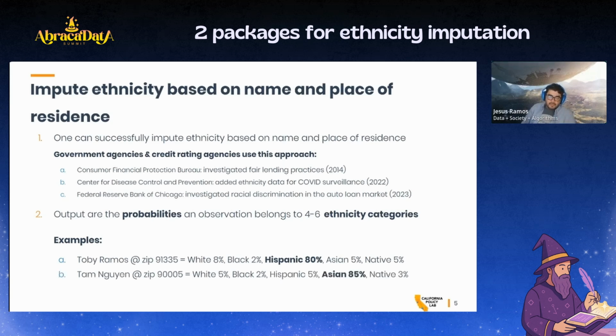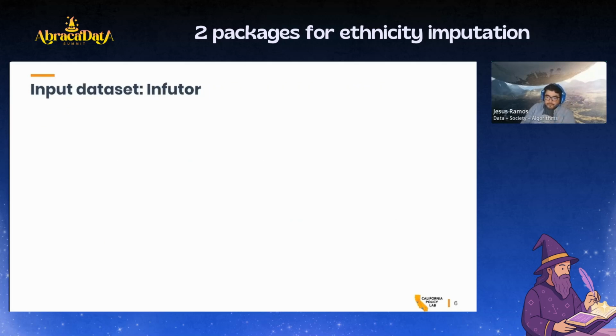And then, for example, we have Tam Nguyen living in zip code 90005. Again, we have a vector of probabilities with Asian ethnicity being high.